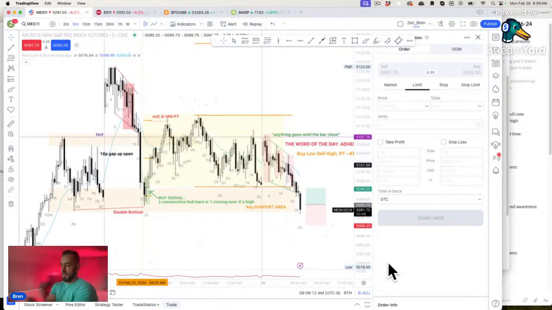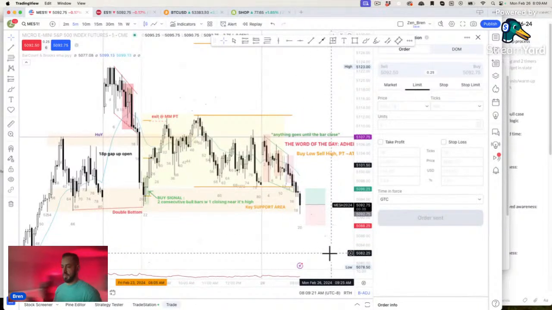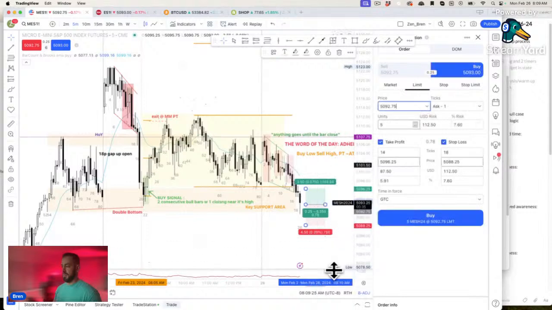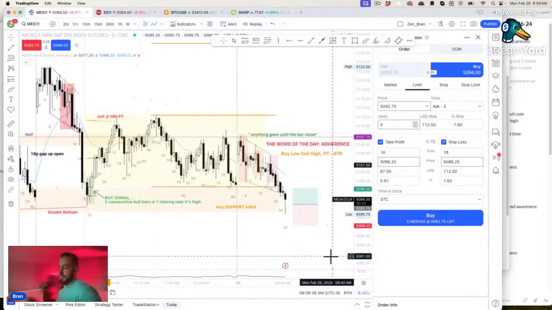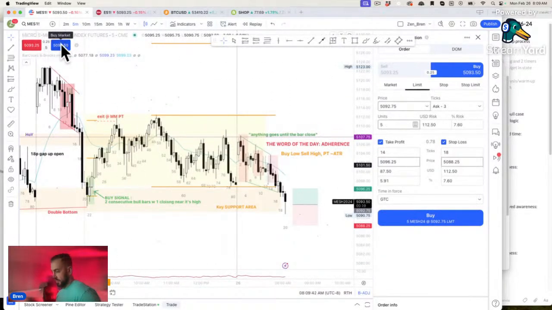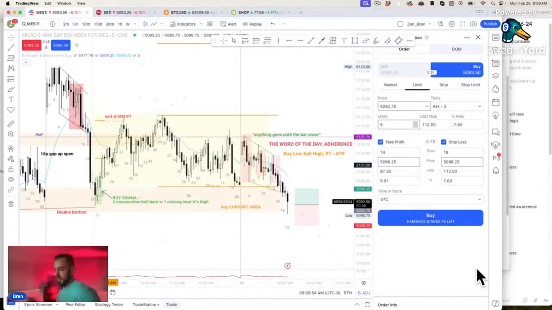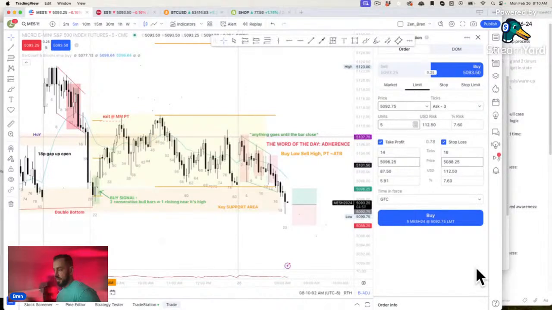Bears making gains. 1, 2, 3 consecutive bear bars.